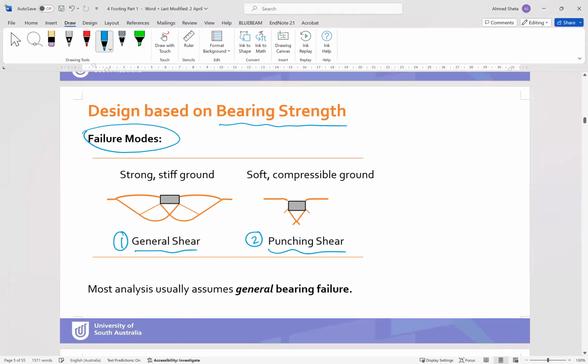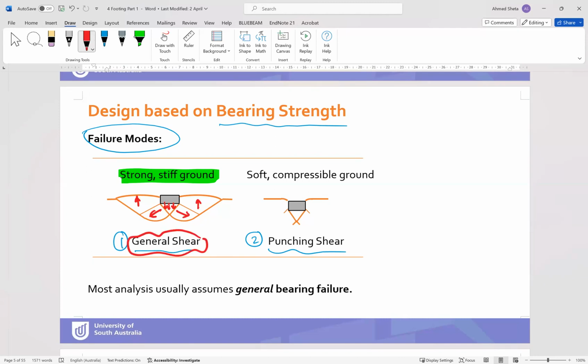General shear failure is expected with strong or stiff ground. In this type of failure, the soil underneath the footing pushes the surrounding soil, so this soil goes up a little bit. Okay, and this is called general shear failure.